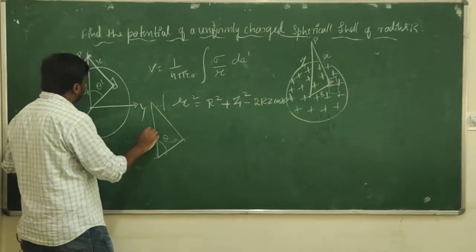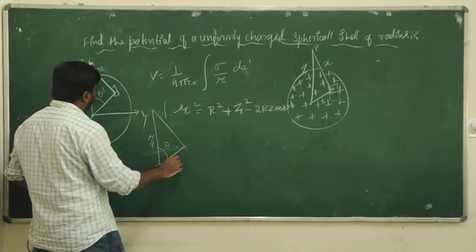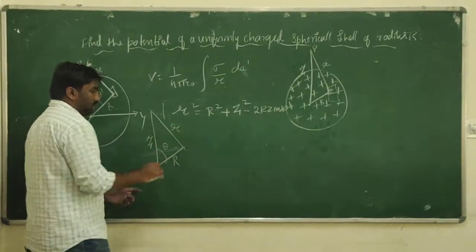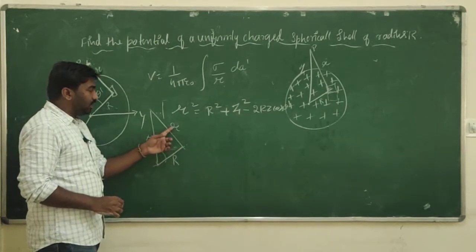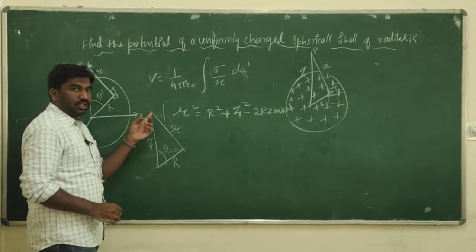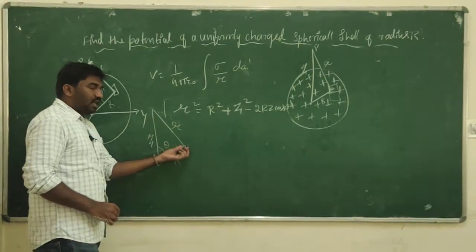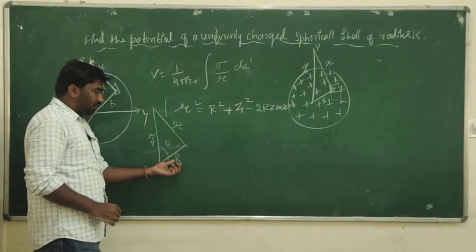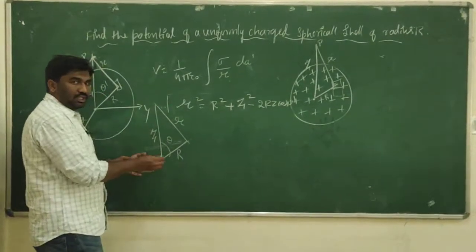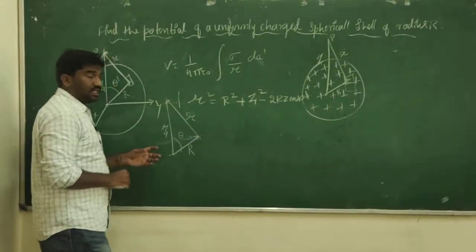This is the distance z, vector z, this is the position r, the radius r, and this is r. Here r means the distance from this area element to the position where we are calculating the potential. And this area element's position from the origin represents the radius vector r. So using this vector diagram, we can easily get this equation.